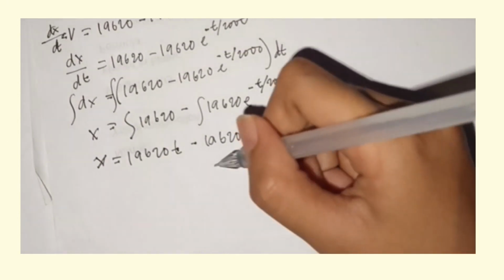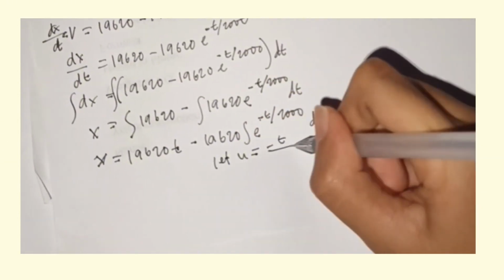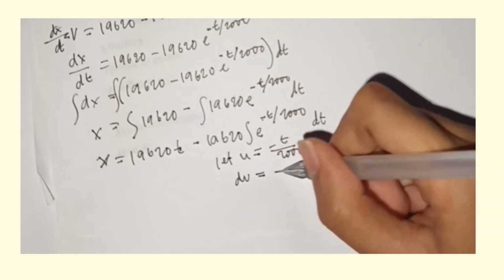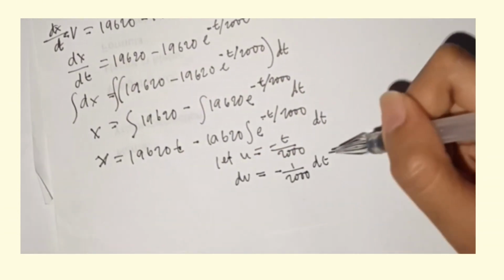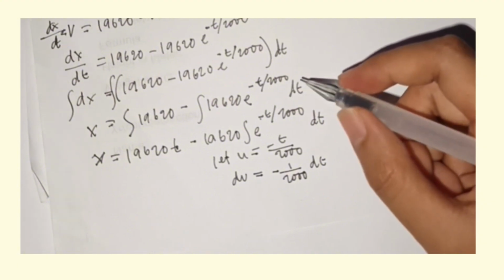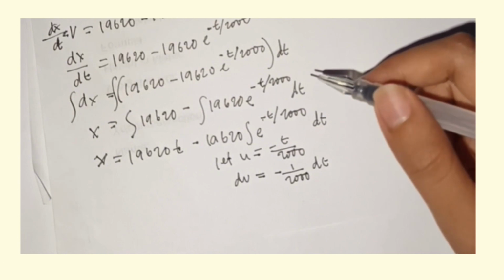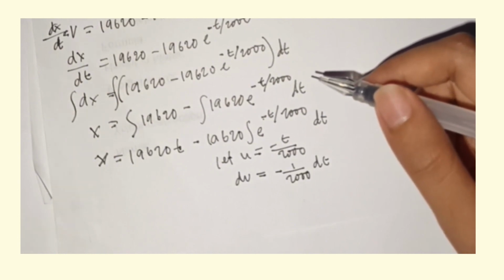So we let u equal negative t over 2000. So we have du equals negative 1 over 2000 dt. As you can see, I would have a correction factor of negative 1 over 2000 in here in order for us to integrate the function.